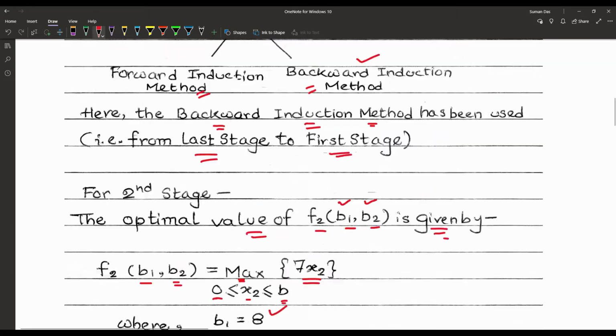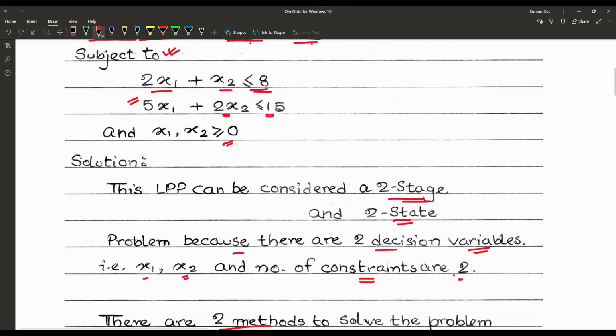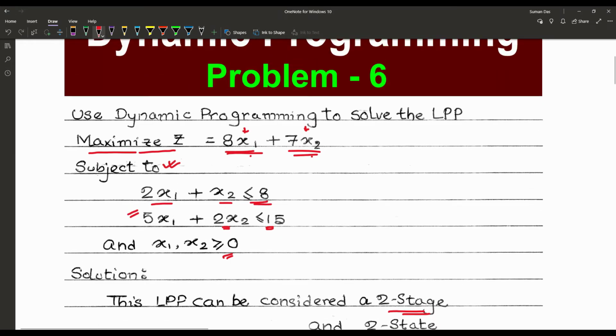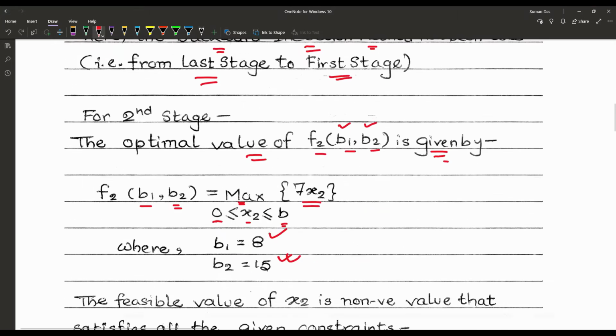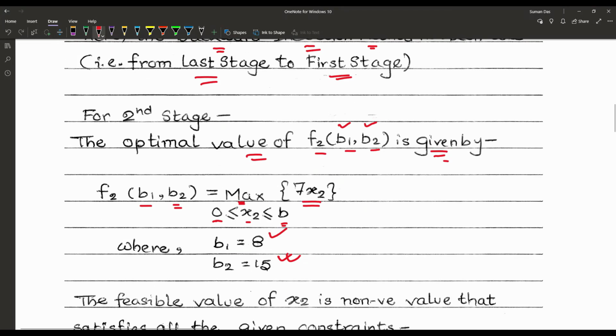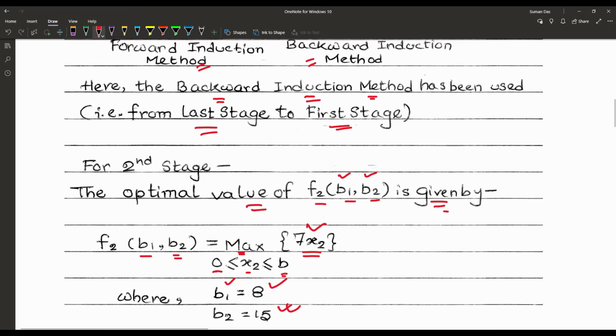How? Let's check the problem statement. Here the objective function is given as 8x1 plus 7x2. So we can write f2(b1, b2) as 7x2, and then for b1 equal to 8 and b2 equal to 15.